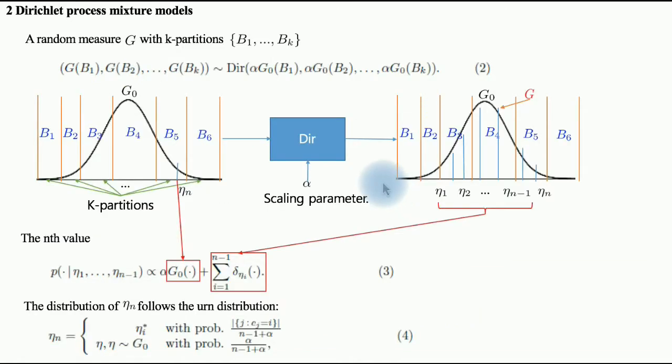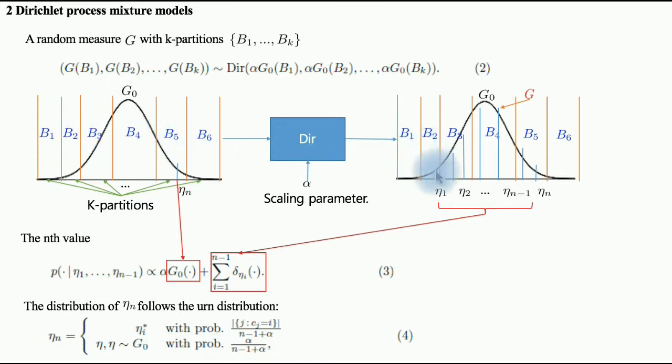A Dirichlet process mixture model can also be defined by a random measure G distributed according to the Dirichlet process with a scaling parameter alpha and the base distribution G0, with k partitions B1 to BK.